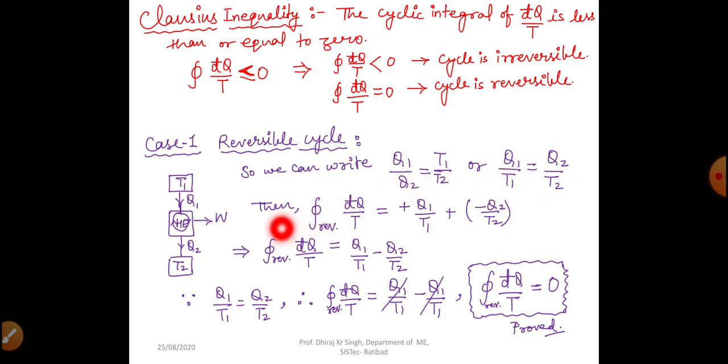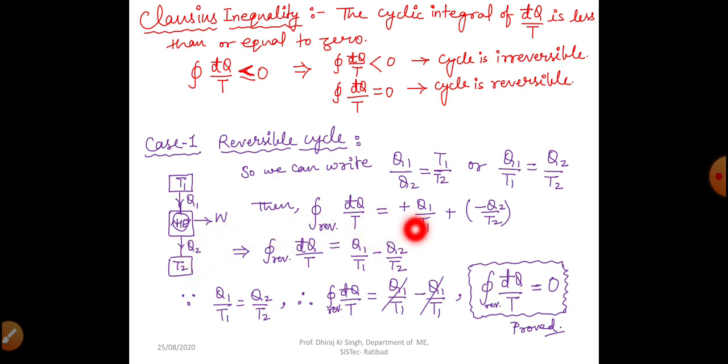Then we write the Clausius inequality equation for the heat engine: the cyclic integral for reversible del Q by T is equal to whatever heat is accepted by the heat engine and whatever heat is rejected by the heat engine. We are going to take these two into account. Q1 is the heat supplied to the heat engine, so that will be positive, and Q2 is the heat rejected from the heat engine, so we will take it as negative.